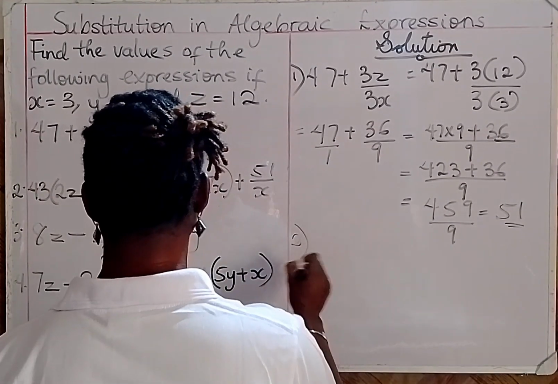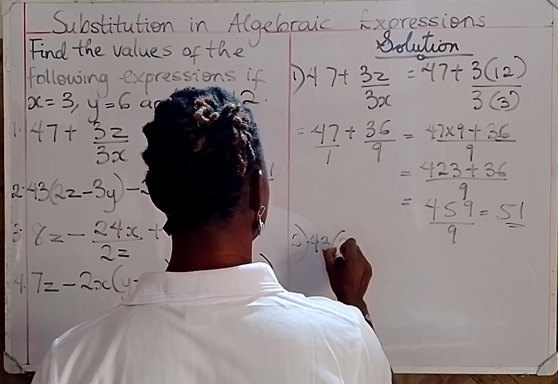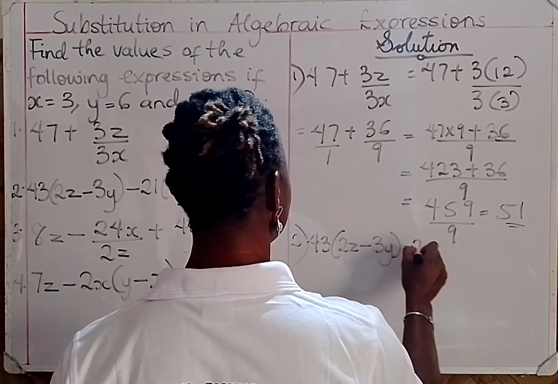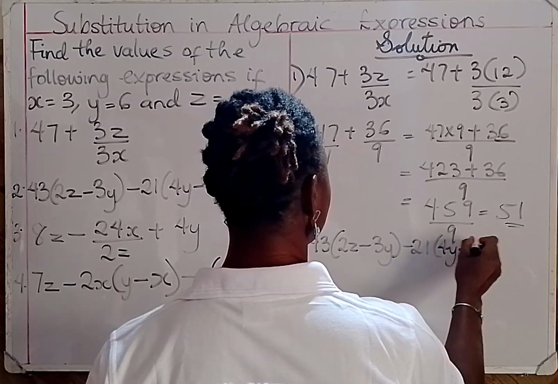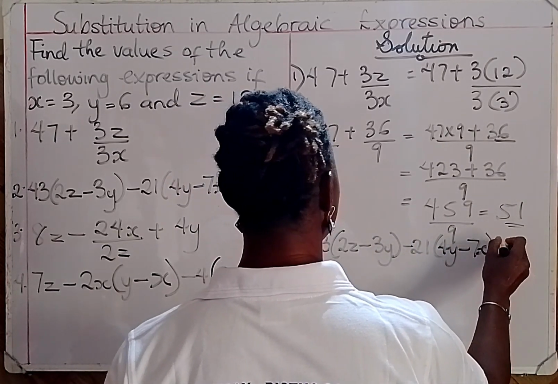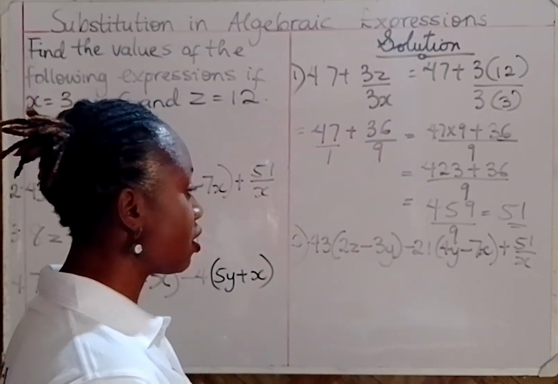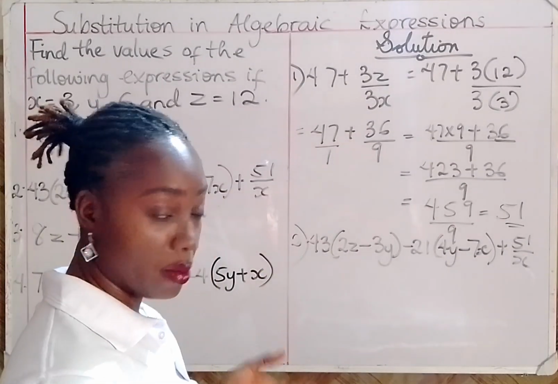Then question 2, we have 43 into bracket 2z minus 3y minus 21 into bracket 4y minus 7x plus 51 over x. So what we're going to do here, we're going to substitute the letters we have here with their numbers.